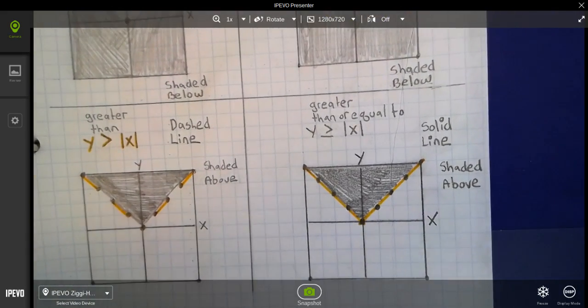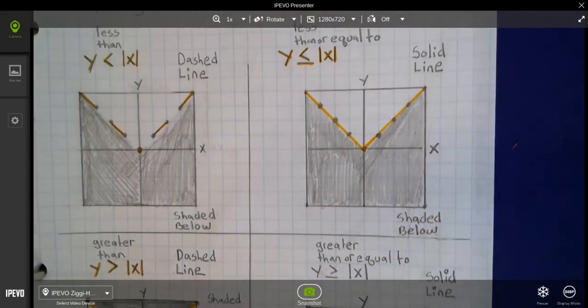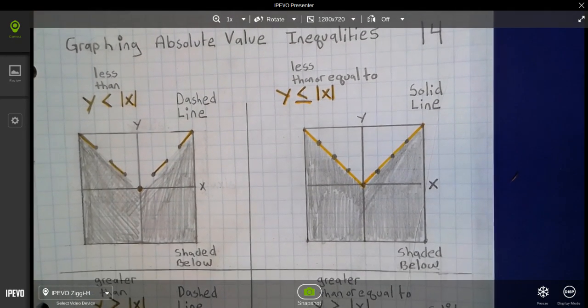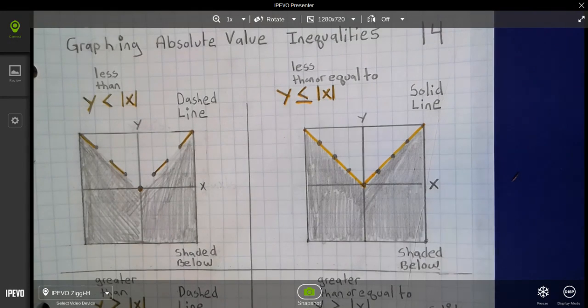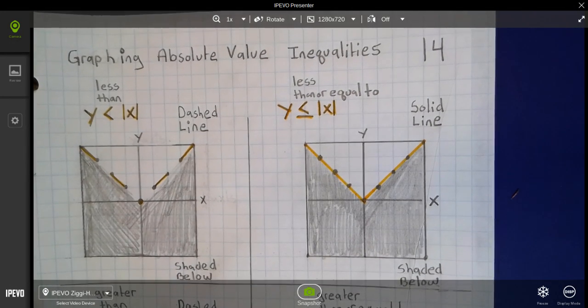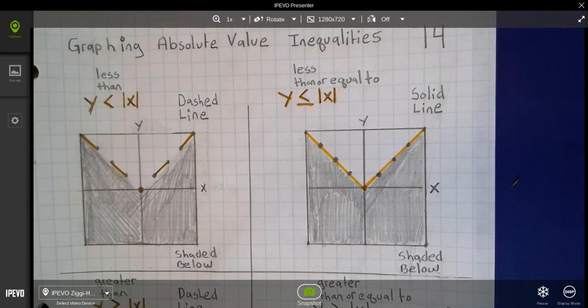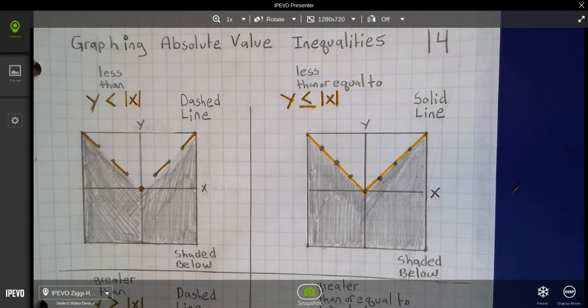So I'll have to do it in sections. So let me line it up here. All right. I think that's the best I can get for right now. So let's look at it.